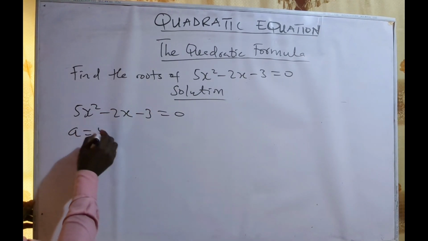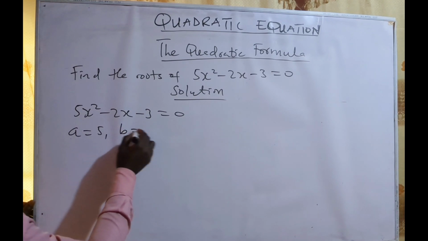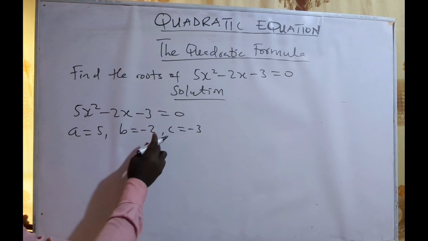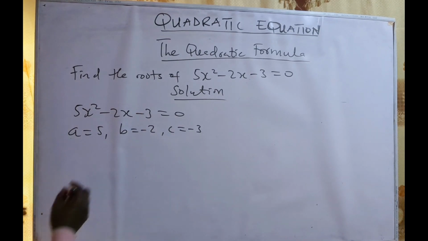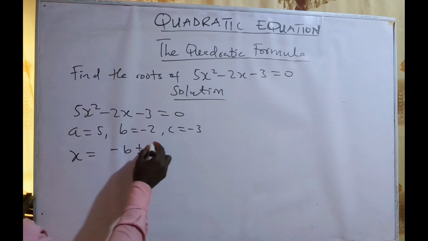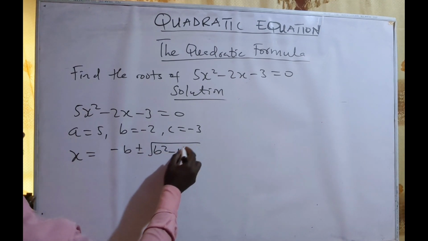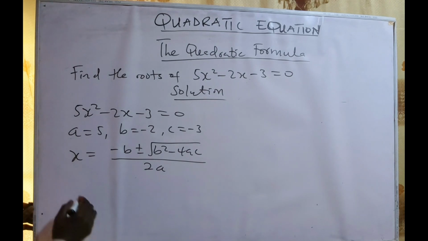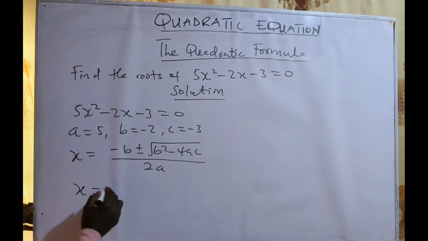So what will be my a? 5. My b? Negative 2. And then my c? Negative 3. So x is equal to minus b plus or minus square root of b squared minus 4ac all over 2a. So what will be my minus b?